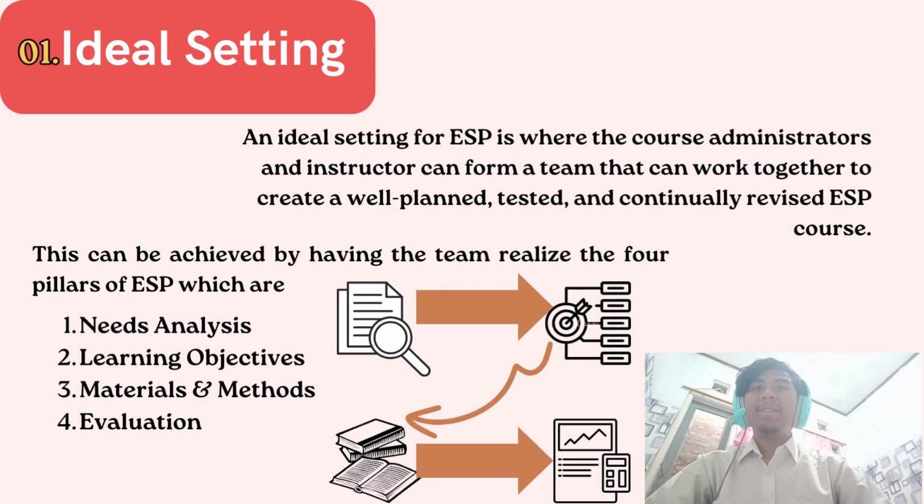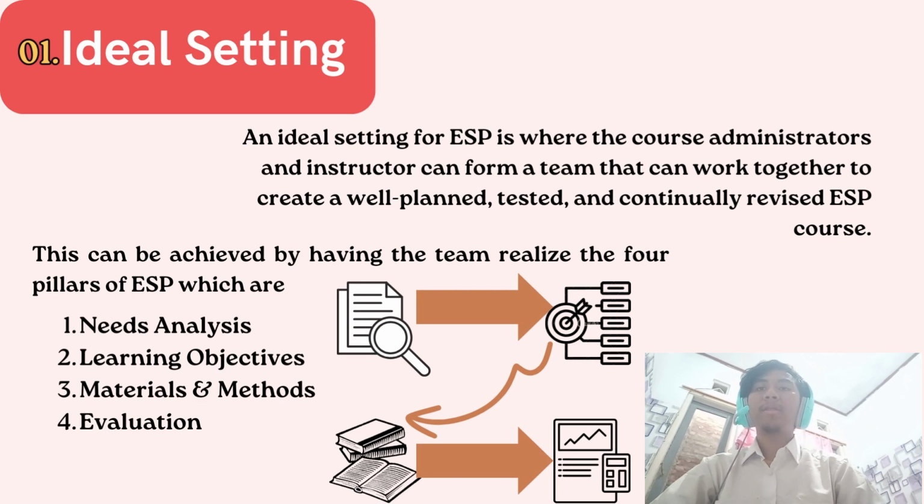Right. In this ideal setting, the team would start by building the first pillar of ESP, which is a careful, neat analysis of the different stakeholders, including the learners, the instructors, and the administrators themselves. After the team has found the needs of all of the stakeholders of this course, they will begin to build the second pillar of ESP through the creation of a set of learning objectives that address the various target needs.